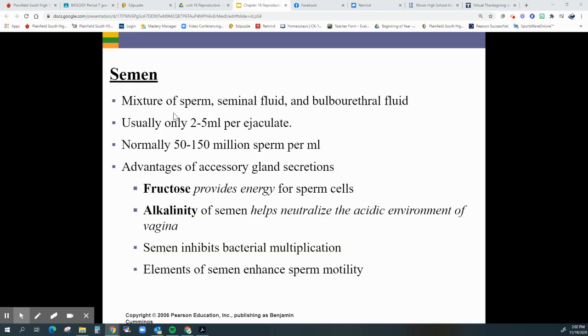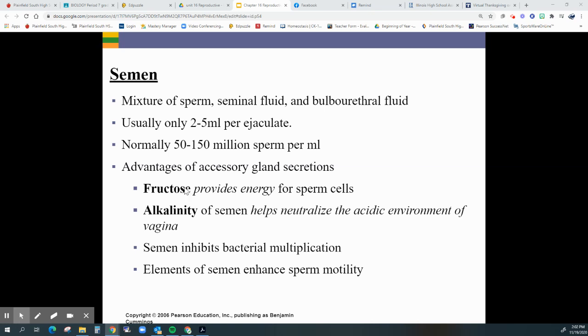Semen itself, just real quickly. So we talked about the ones that make it up. It's a mixture of sperm, seminal fluid, as well as bulbourethral fluid. It's usually about 2 to 5 milliliters of fluid itself. There's normally anywhere from 50 to 100 million sperm in each milliliter.